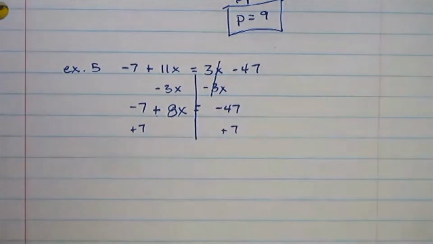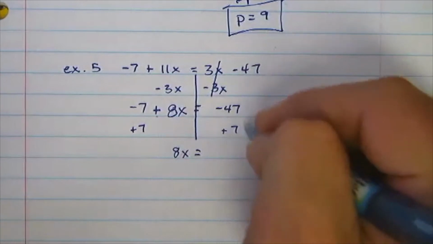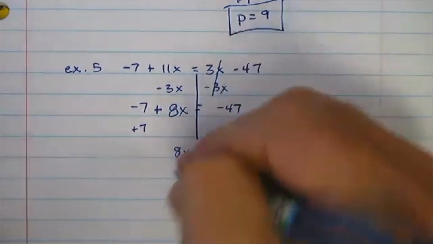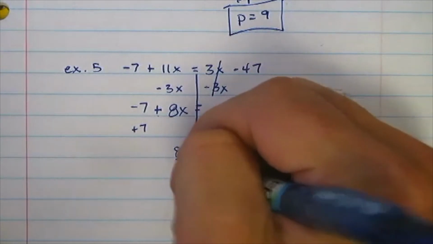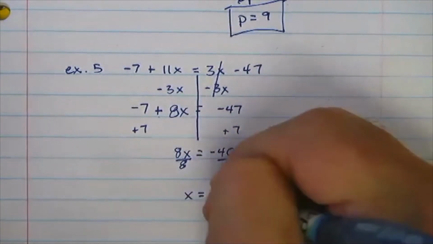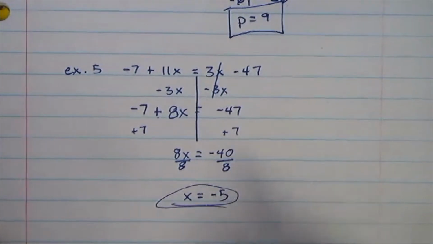We got to do the same thing on the other side. 8x equals -47 plus 7 is -40. Things are starting to work out nice and pretty. I've got divide by 8, x equals -5, right? Solution. Good. Okay, so example 6.